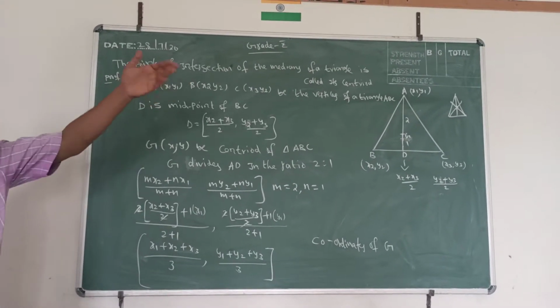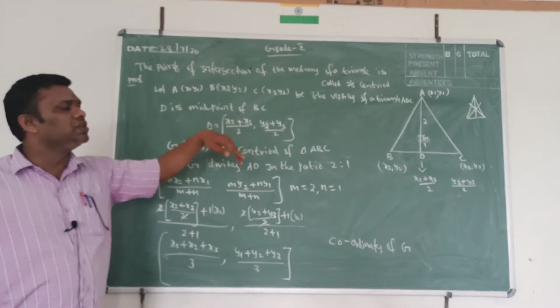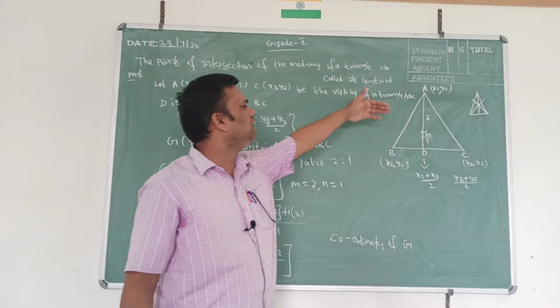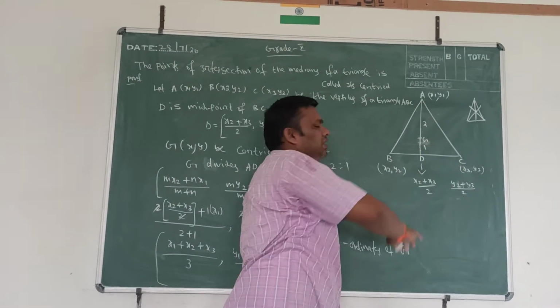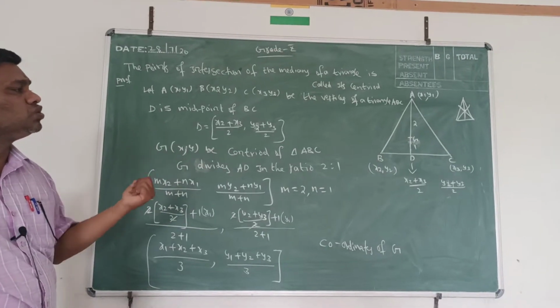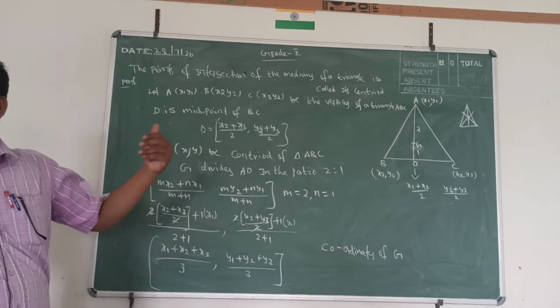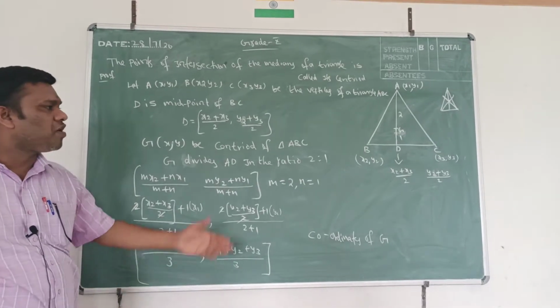Now this G divides AD in the ratio 2:1, meaning two parts here and one part there. What is D actually? D is the midpoint of BC.